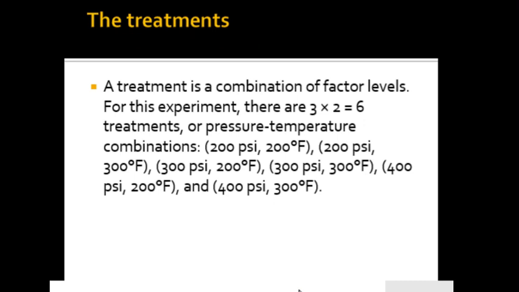In this case, again, the treatment is a combination of the factor levels. One of the factors has 2 levels, the other one has 3 levels, so the total is 3 times 2, or 6 treatments, or 6 pressure and temperature combinations. You can see these are all 6 combinations.